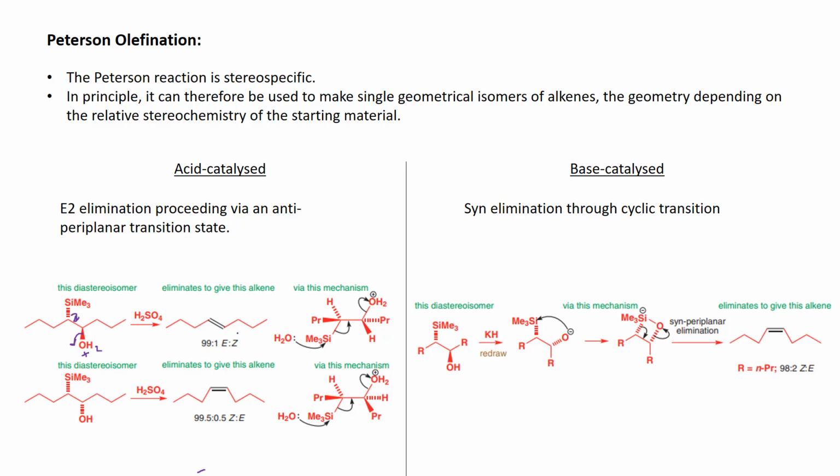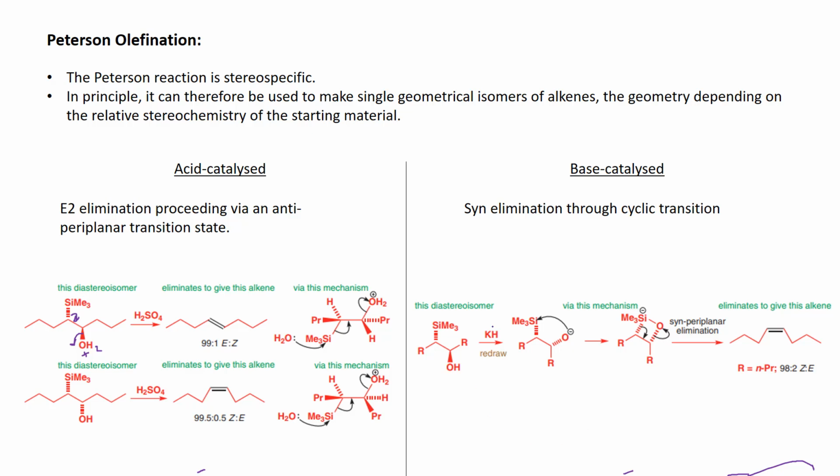So it will undergo the E2 elimination. But in this case, when the reaction is base catalyzed, the reaction will go through a syn elimination. What happens in this case?